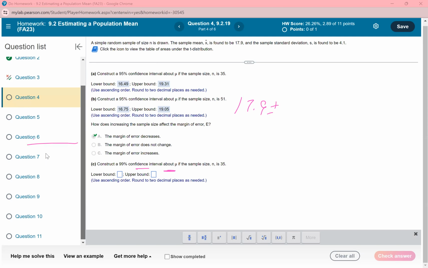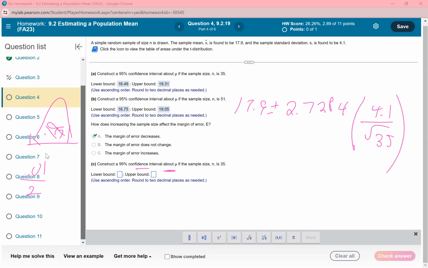Guys, we're going to be 99% confident here to here. So I'm going to do an inverse t of 0.01 divided by 2. Now, n is 35, so my degrees of freedom would be 34. So it gives me a t of 2.7284. Standard deviation was 4.1, square root of 35.